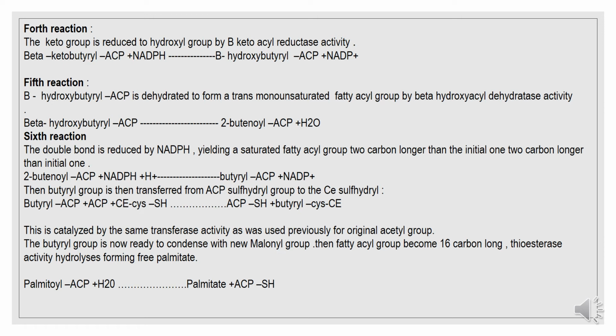The butyryl group is now ready to condense with a new malonyl group, and the fatty acyl group becomes 16 carbons long. Thioesterase activity hydrolyzes it, forming free palmitate: palmitoyl ACP plus H2O gives palmitate plus ACP-SH.